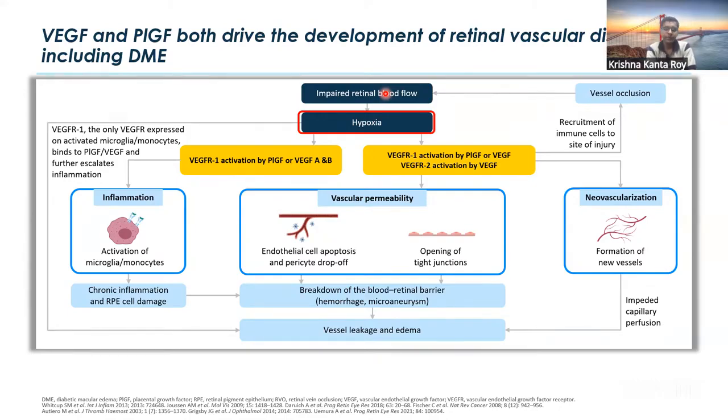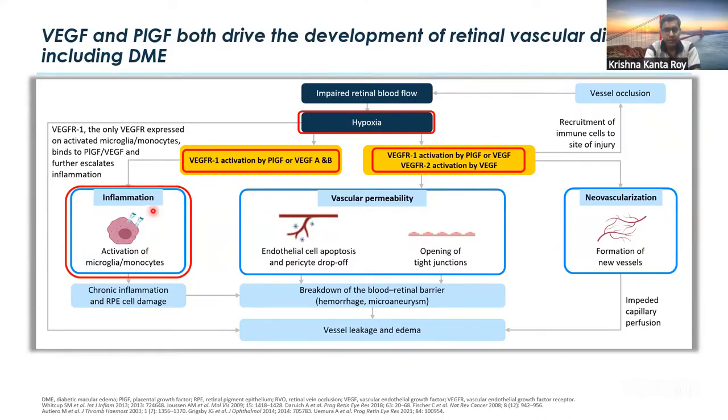Now, VEGF A, B, and placental growth factor work on VEGF receptor 1, which ultimately leads to activation of microglia and monocytes, leading to chronic inflammation and RPE cell damage. This is one path. Secondly, along with VEGF receptor 1, VEGF receptor 2 is also activated by VEGF, and this ultimately leads to endothelial cell apoptosis and loss of tight junctions, so vascular permeability increases.